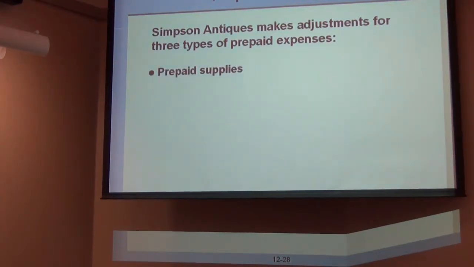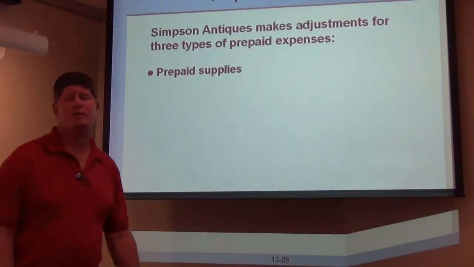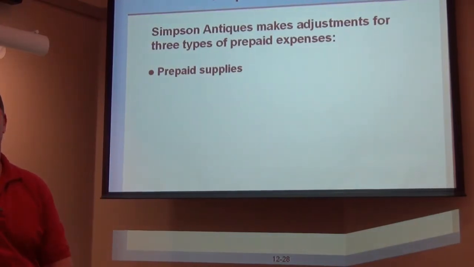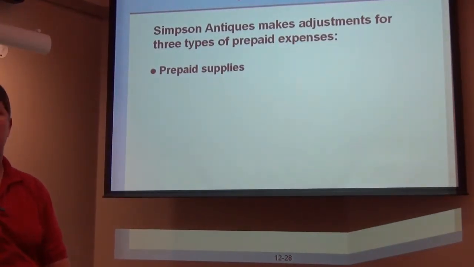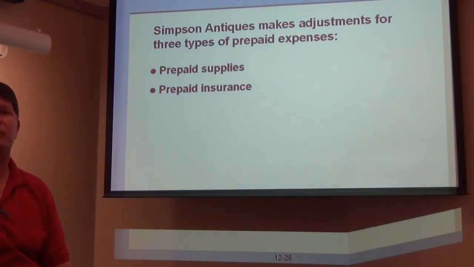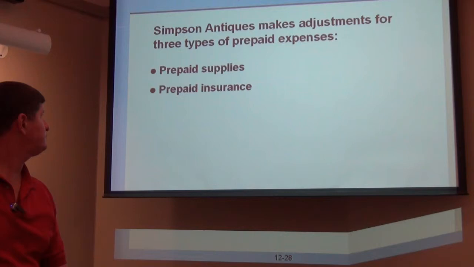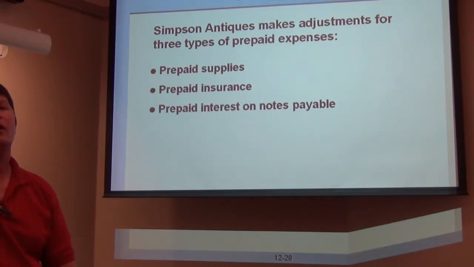Okay. Some other entries that you might have to make, and these come right out of chapter 5. Prepaid expenses, right? If we prepaid the rent, if we prepaid for supplies, if we prepaid for insurance, we have to go figure out what we've used up, right?